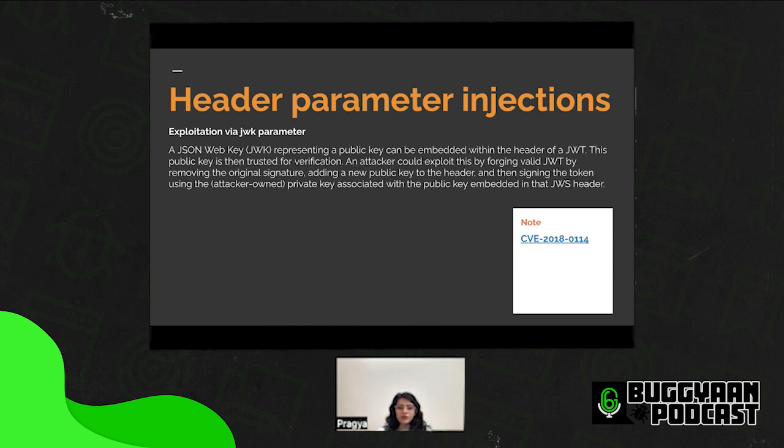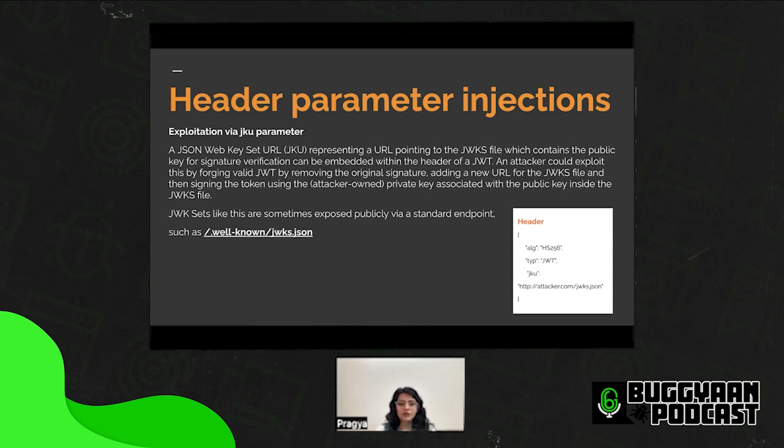So in JKU, we follow the same procedure as the previous attack, the JWK parameter injection. As an attacker, I'll create my own key pair, remove the signature of the original token, re-sign the token using my created private key, add a link in the JKU parameter to my created public key, and then send it to the server.